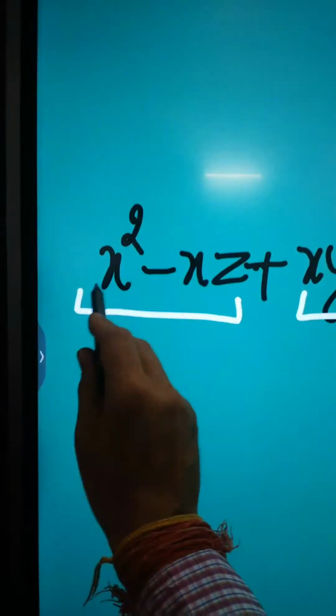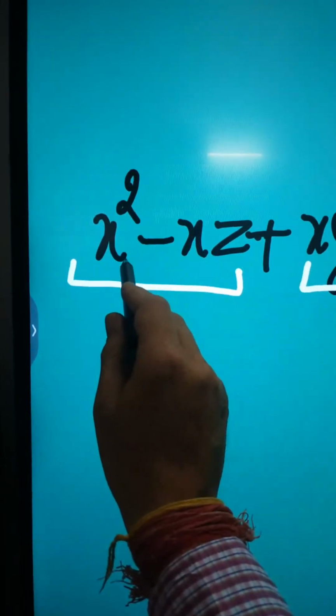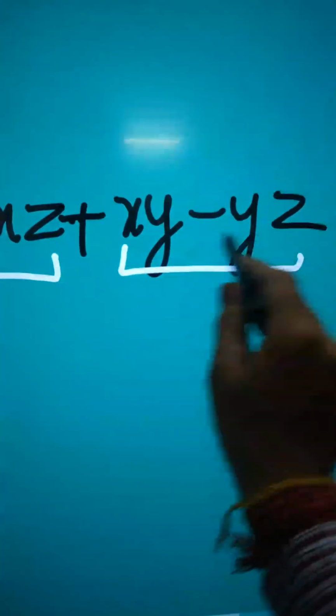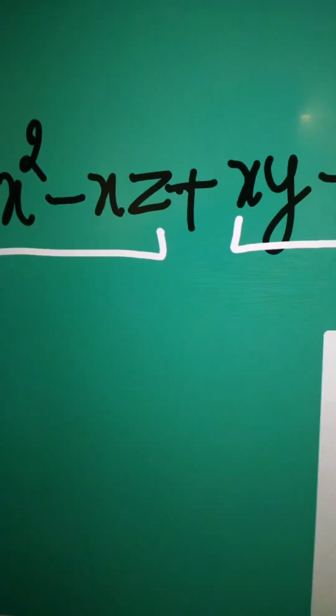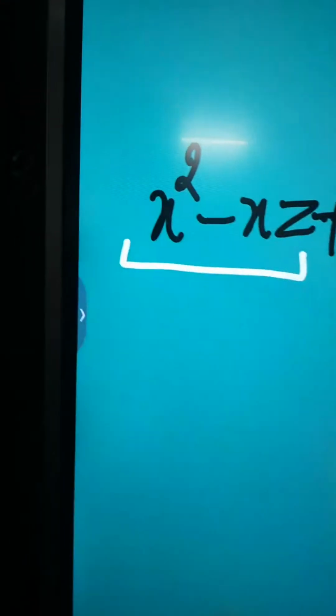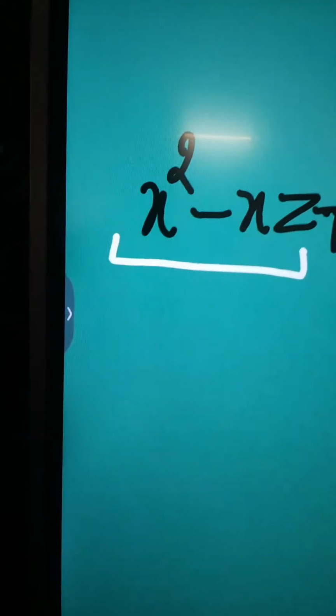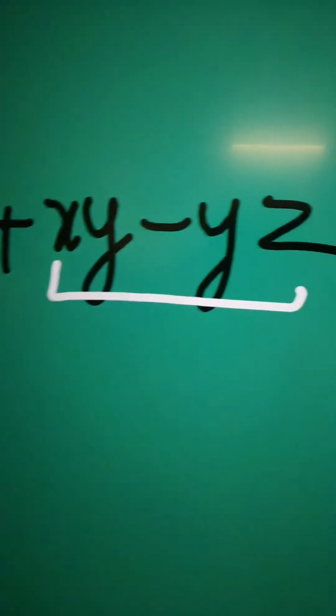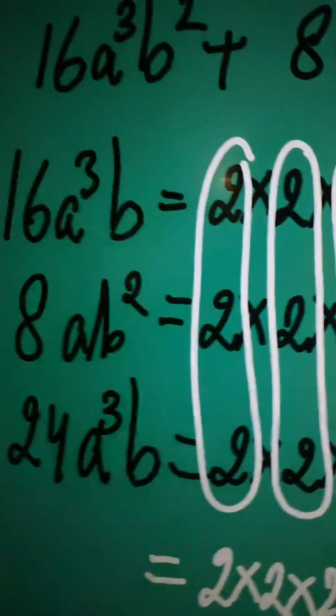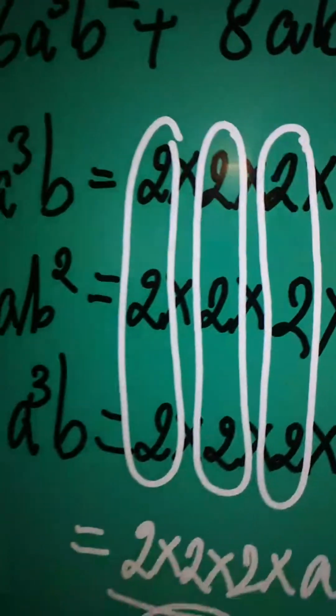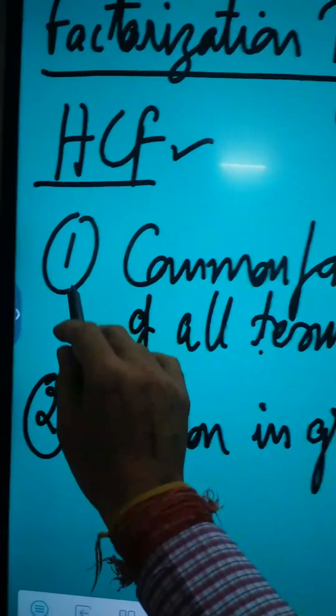Now if you see, in this group I will try to take something common, and in this group also I will try to take something common. So what is common? Now to be able to do this, you have to see step 1 which I have told you. I have already explained this part.